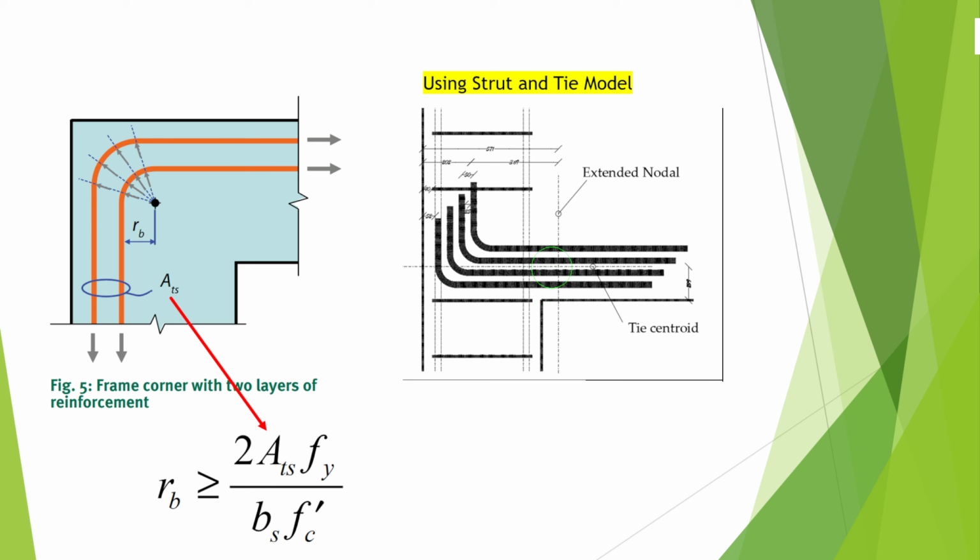The second layer also. The third layer. The inner layer is the most critical case, because now we are keeping some gaps between the reinforcement, like 25 millimeter. So this will be the least available anchorage distance. So we always have to take care of the inner layer of the reinforcement.